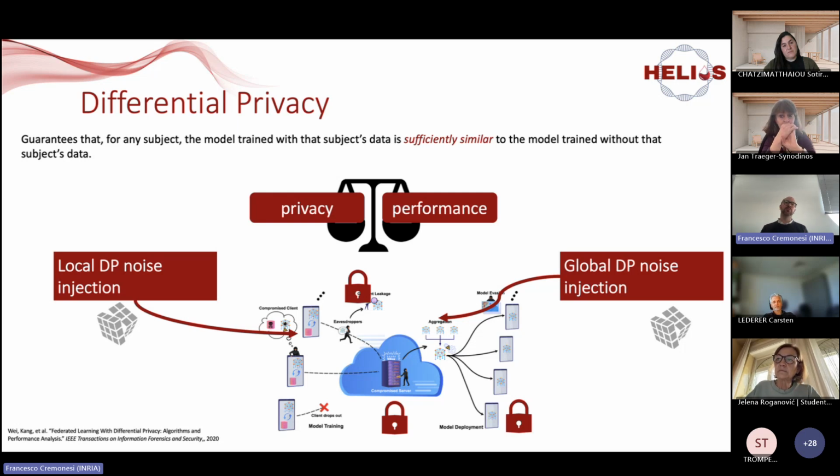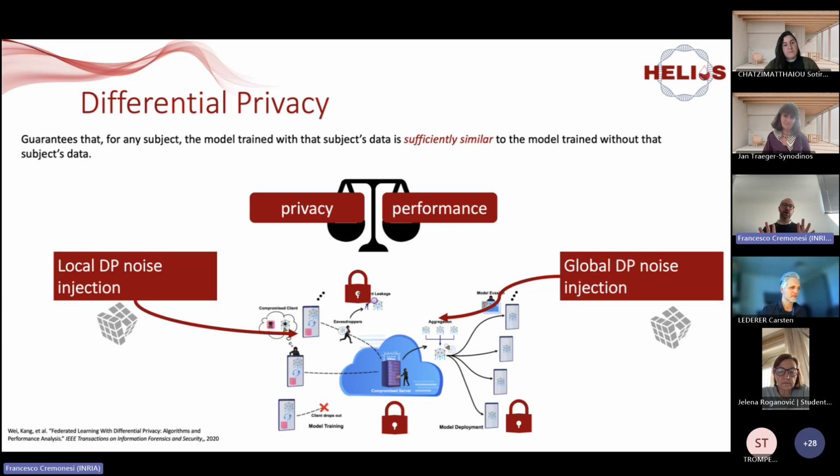Then there's a whole mathematical framework that says how many times I can ask you that question before I am able to figure out your real age, because you are just adding random noise with zero mean. The trade-off is that we're adding privacy by introducing differential privacy, but at the cost of decreasing the performance of the predictions of the final model, because we are adding noise during the training.